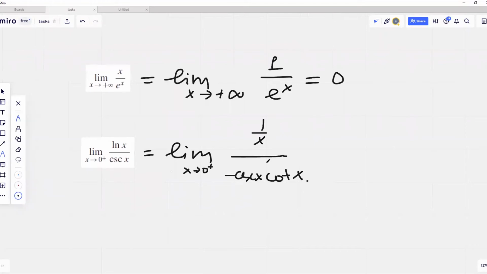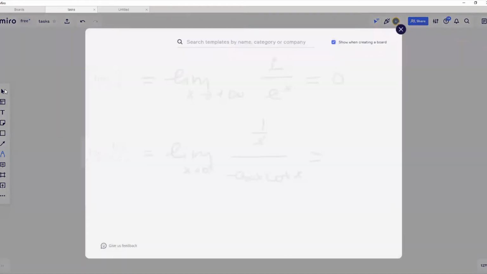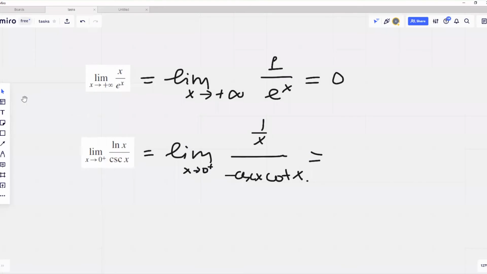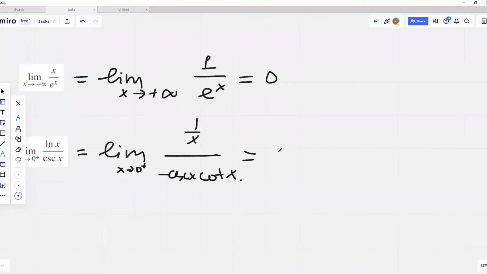All right, now let's try to work a little bit more. Since in the numerator we have infinity, in the denominator we have 1 over sine, which is infinity, and cotangent is cosine over sine, this is also infinity. So we're not done yet. Then let's express this as the following limit.